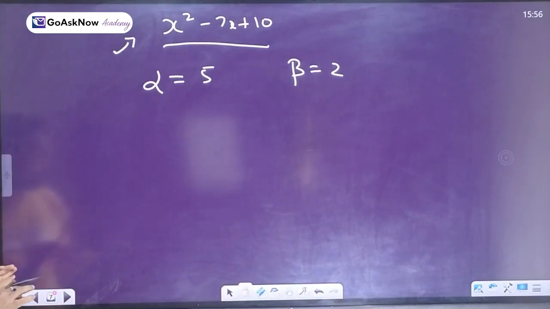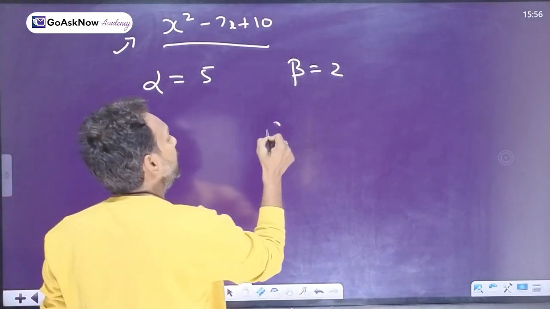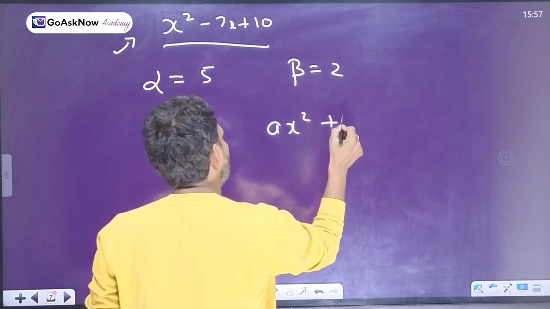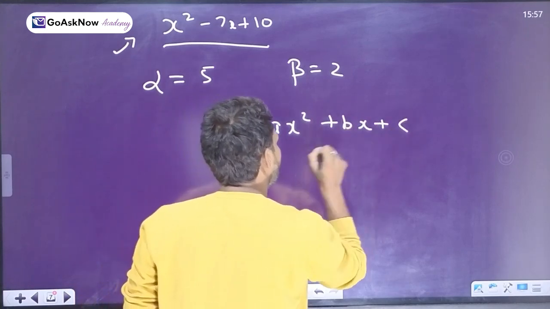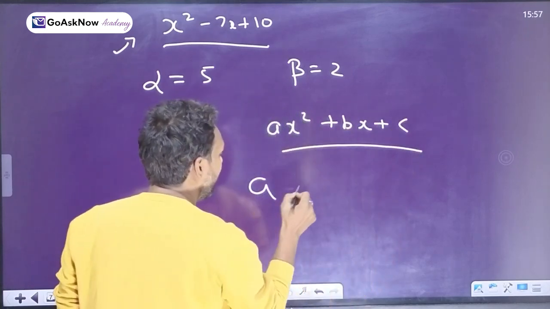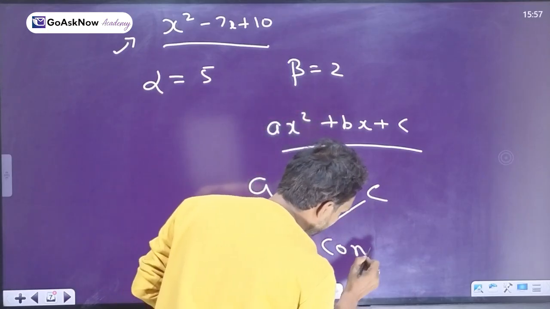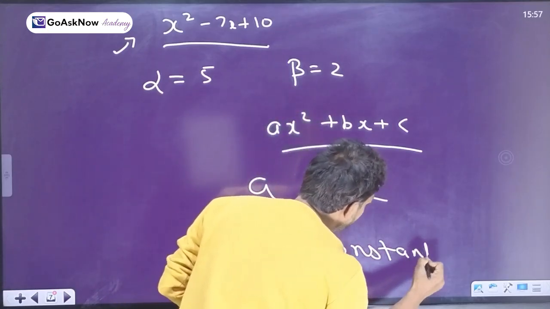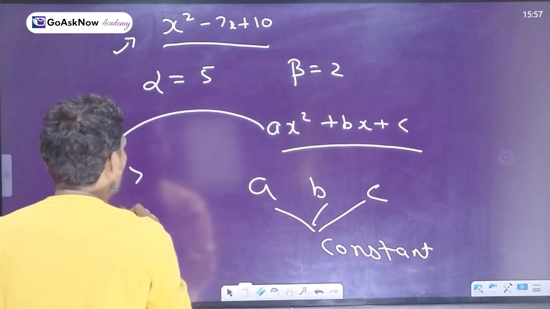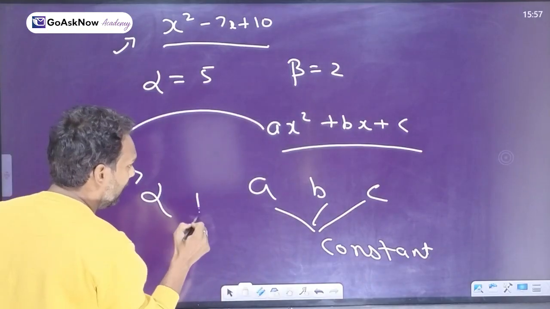So till now you have to understand that ax square plus bx plus c is a quadratic equation where a, b, c are constants, and this quadratic equation has two roots that are alpha and beta.